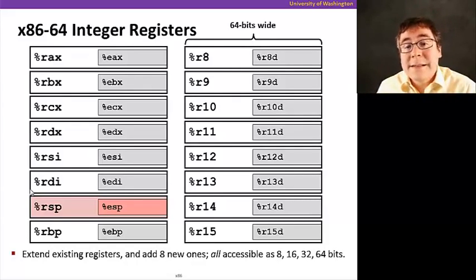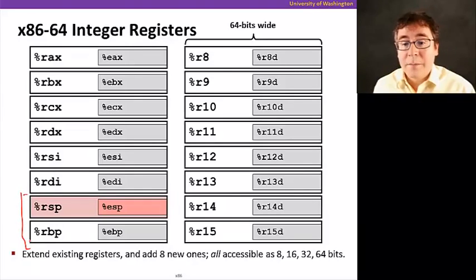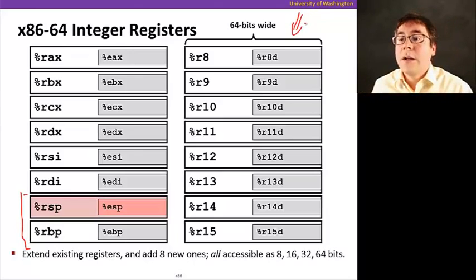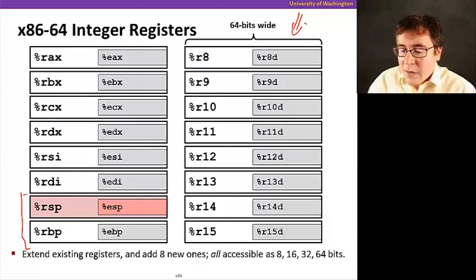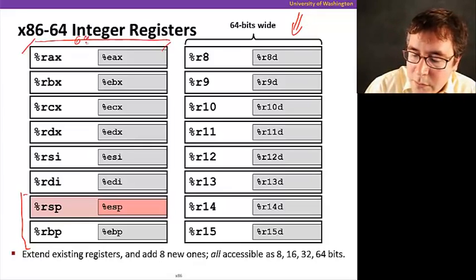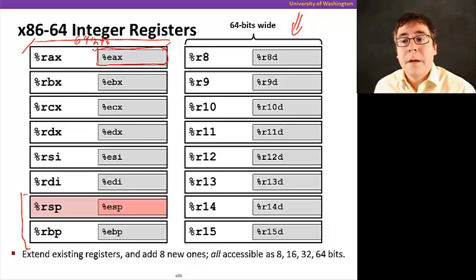x86-64 has 16 registers. Just like IA32, there are some registers that have a special use, but there are a lot more general purpose registers. All of these registers here are only present in the 64-bit version of x86. And also know that while these registers are 64 bits wide, you can also access the lower 32 bits of them as a register as well.